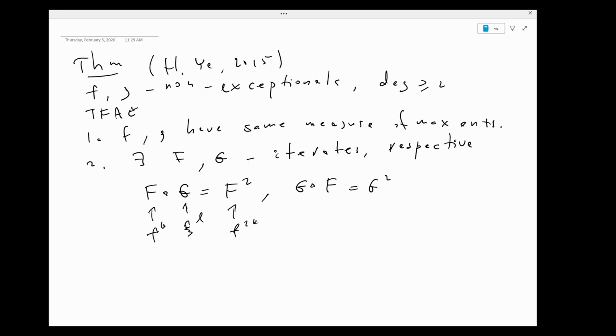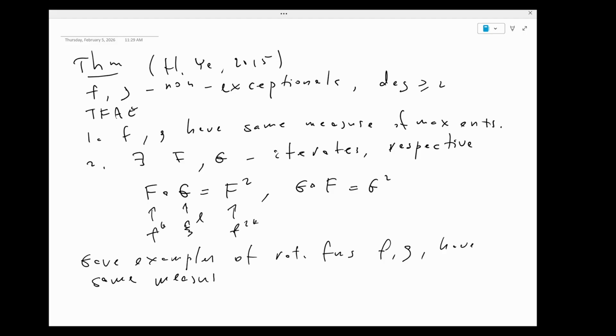Also, he gave examples of rational functions F and G. They have the same measure of maximal entropy. Sorry, Sergey, in your theorem, do you also have the other equation? Which other equation?